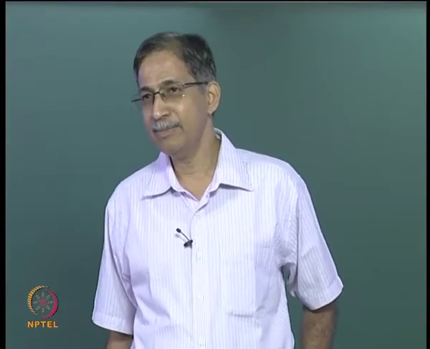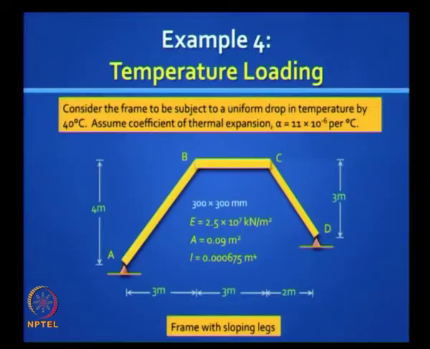Can you work out how much that force is? Is it a small force or a big force? Plug in those values. Okay, so all the members have a cross section 300 by 300, so the area is 0.09 meter squared. The material has an elastic modulus of 2.5 into 10 raised to 7 kilonewton per meter squared.